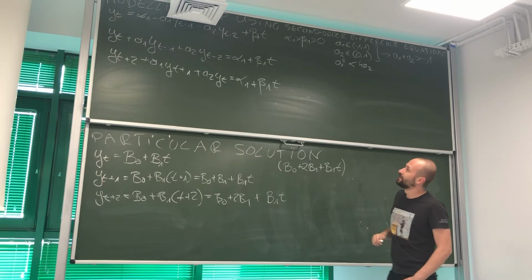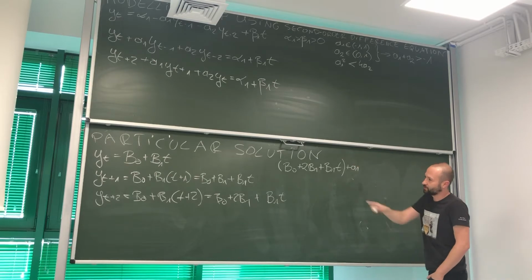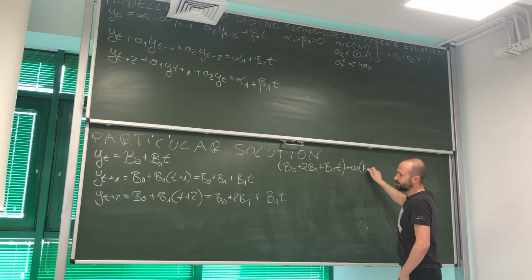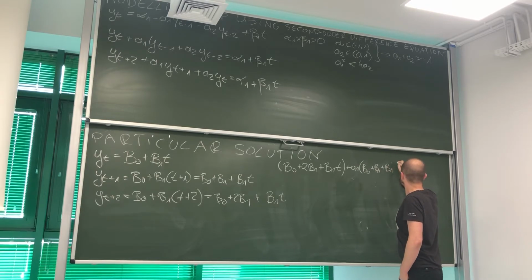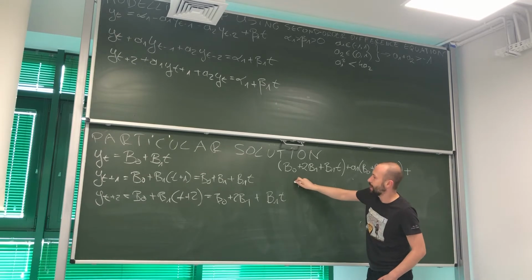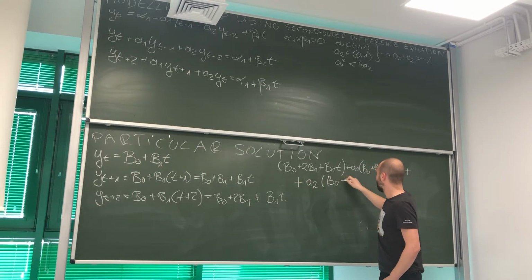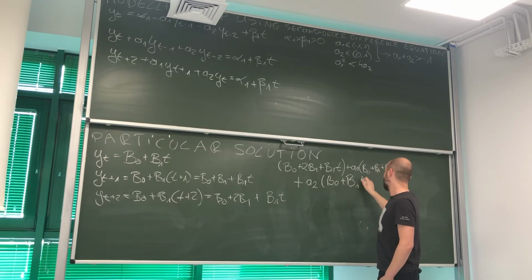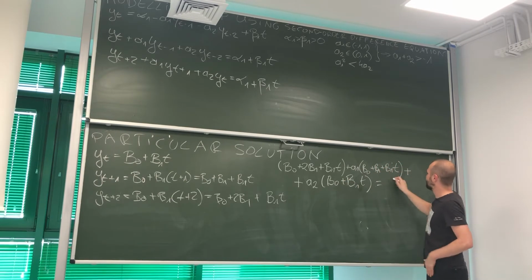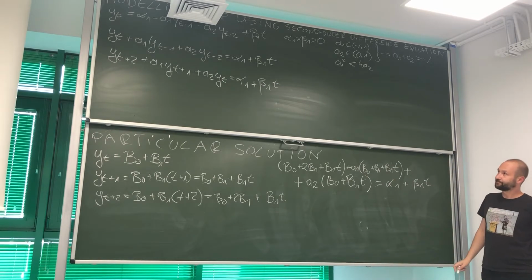I want you to see step by step where everything is going. Then we have a1 times y(t+1). So now we have b0 plus b1 plus b1 t. Okay, and then we have plus a2 times b0 plus b1 t, and this is equal to alpha 1 plus beta 1 t.